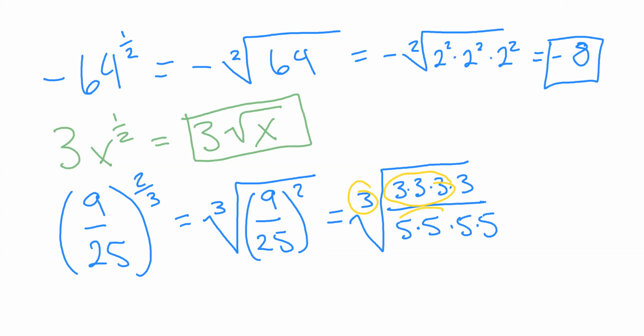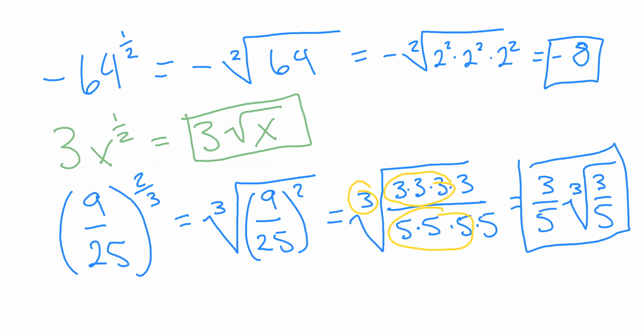So we can take out these 3 repeat factors and take their third root. It just becomes 3/5. And then we've still got the third root of the remaining 3/5. All right, so that is our third example.